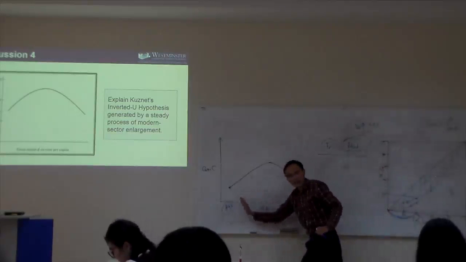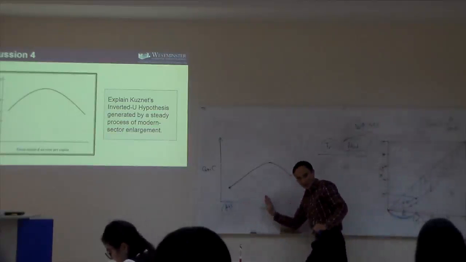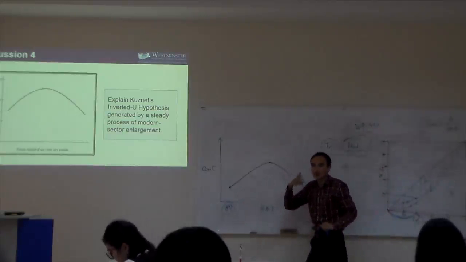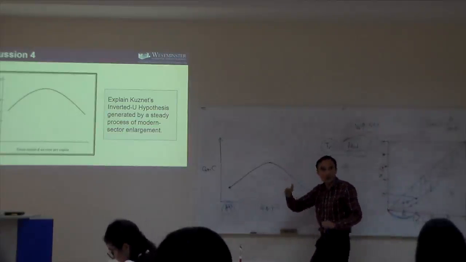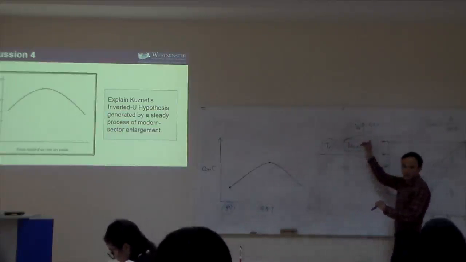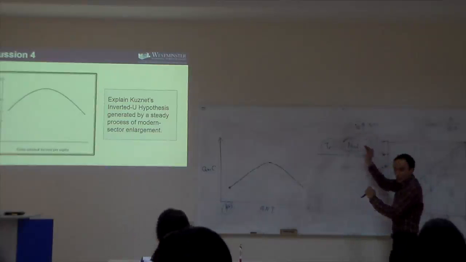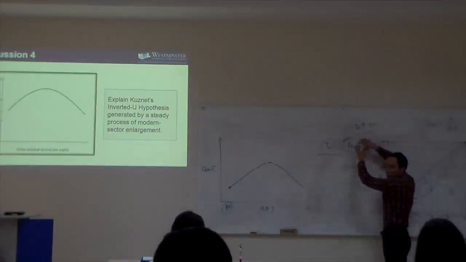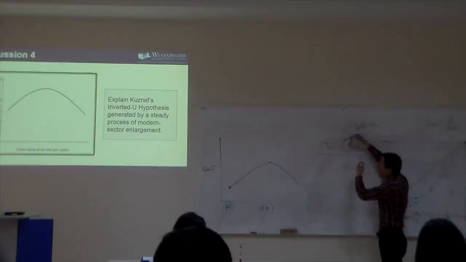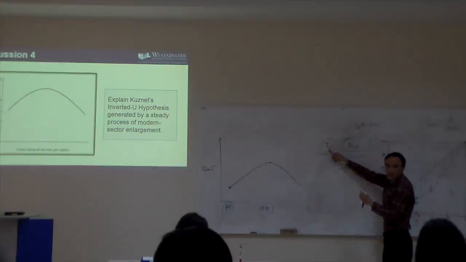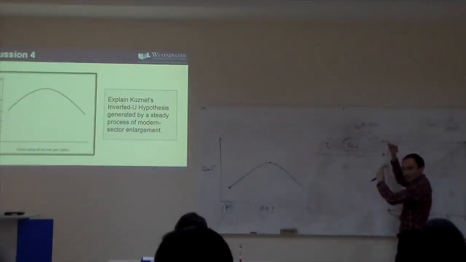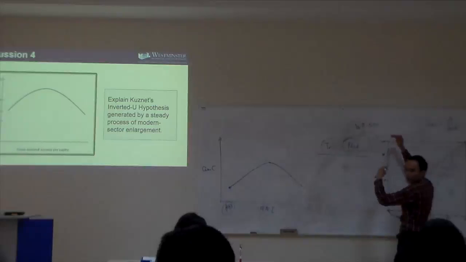As years pass, more and more skilled people will be employed in this sector. Look, once it's getting bigger and bigger, people who are working here, their wages are increasing, while in the traditional sector, it's the same or changes a little. Which means income inequality between these two groups increases.